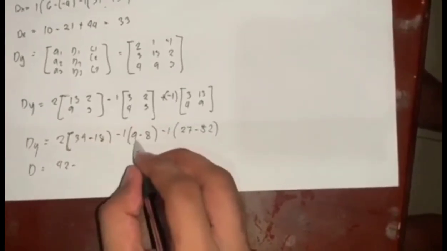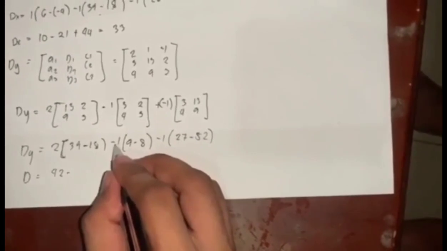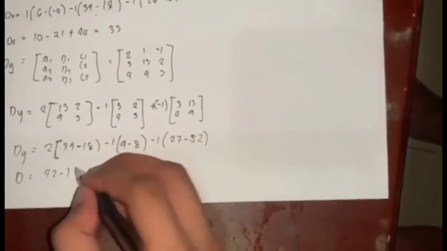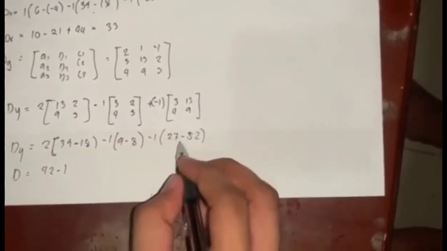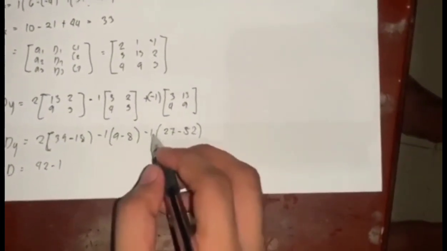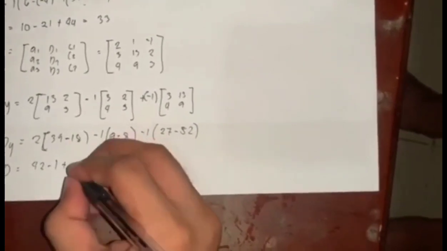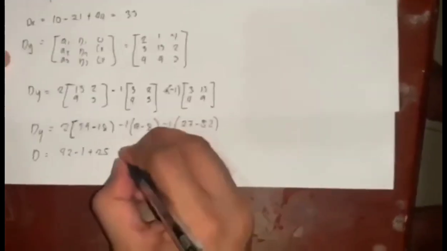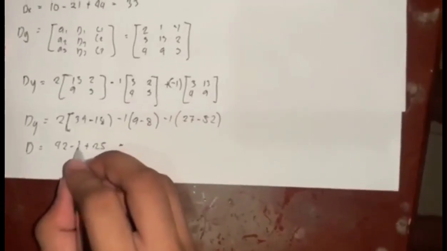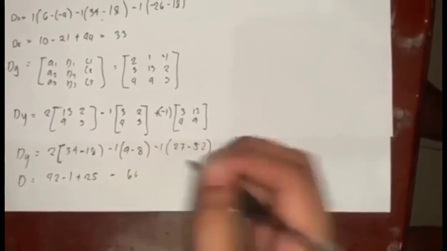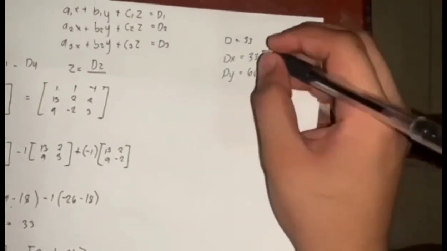Minus 1 times 1 is equal to negative 1. 27 minus 52 is equal to negative 25, times negative 1 is equal to positive 25. 42 minus 1 is equal to 41, plus 25 is equal to 66. Our dy value is 66.